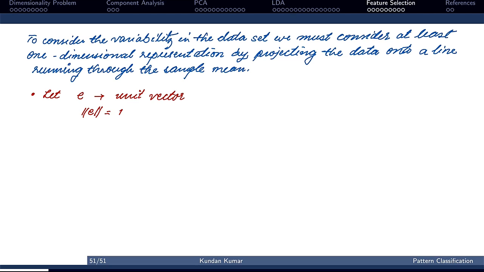This unit vector is in the direction of the line. That means this line is the one dimensional representation. So let us draw some data, then it will be clear to visualize it.